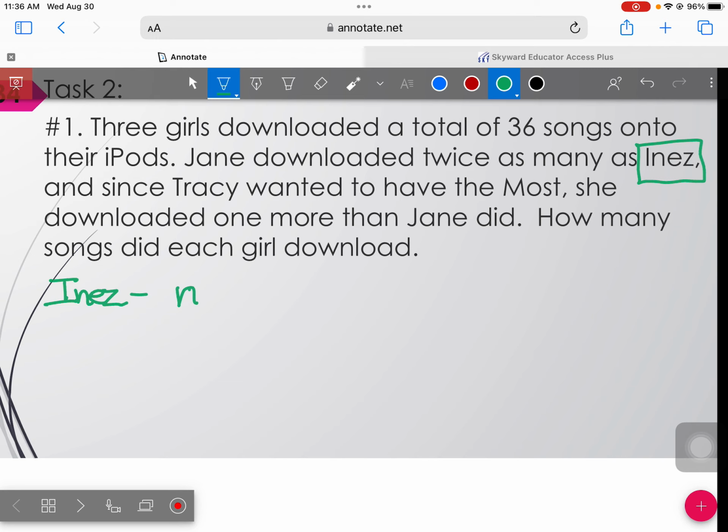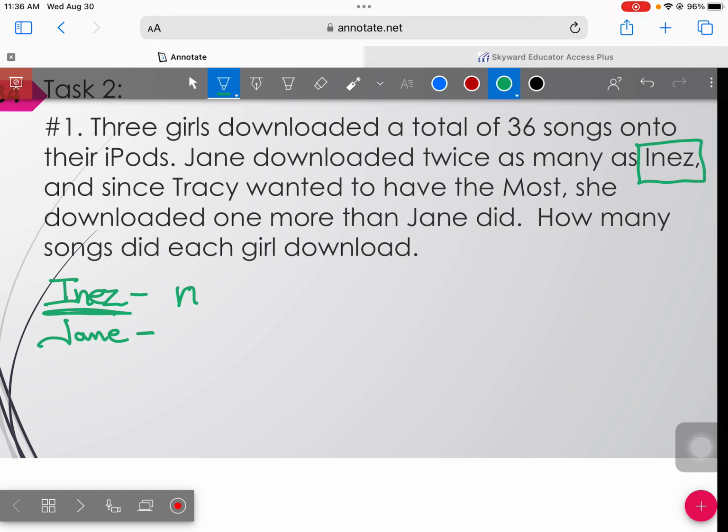Okay, so we got Inez, and then we got Jane. How many downloads does Jane have? Twice as many as Inez. So we're relating everything to Inez. So if Inez has N, how many downloads will Jane have?